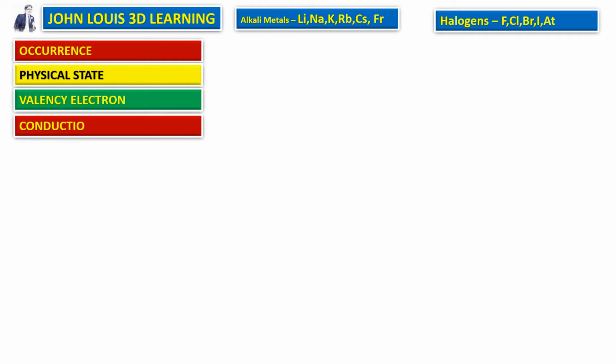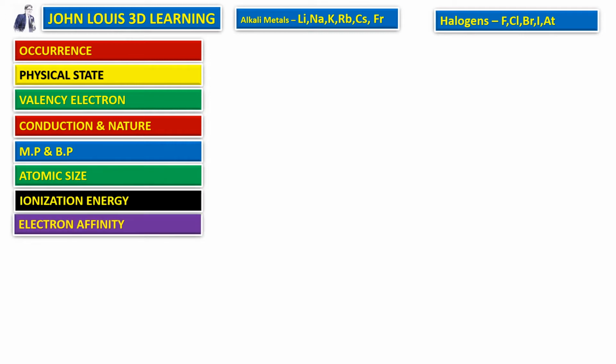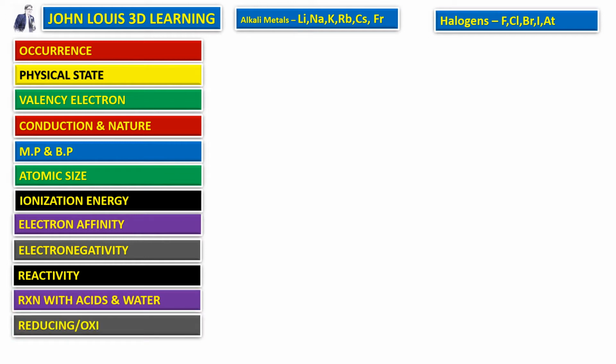Valency electron, conduction and nature, that is conduction of electricity and nature, and melting point and boiling point, atomic size, ionization energy, electron affinity, electronegativity, reactivity, chemical reactivity, then reaction with acids and water, then whether they are reducing agents or oxidizing agents, and finally compound formation, what type of compound they form, electrovalent compound or covalent compound, or with what they form that bond. Everything we have to study in detail.